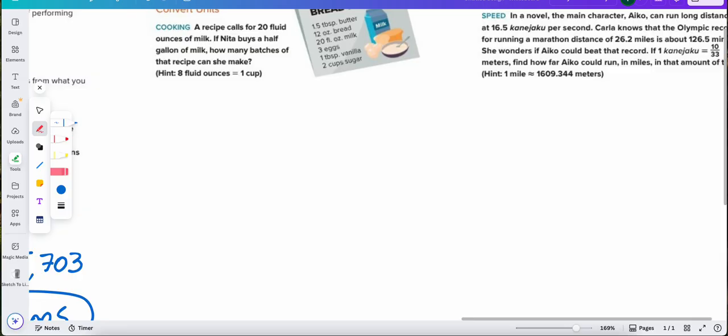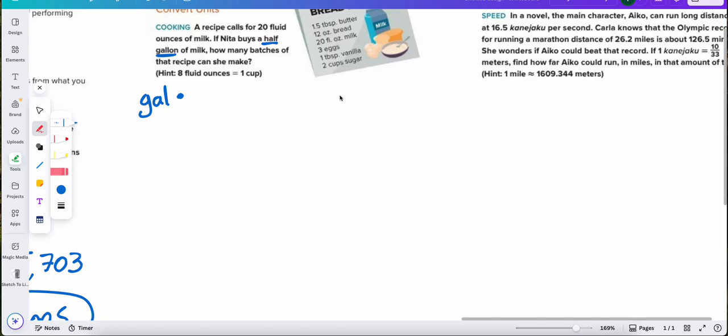Okay. So, we are starting out with the fact that we have half a gallon. Okay. So that's what we start out with. So we're starting out with gallons. Then we'd want to multiply it. We're trying to get down to fluid ounces. Okay.